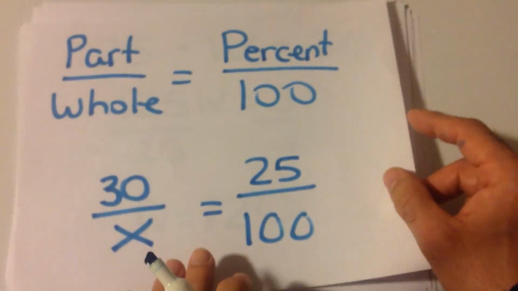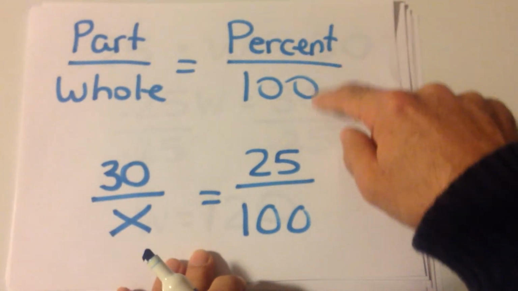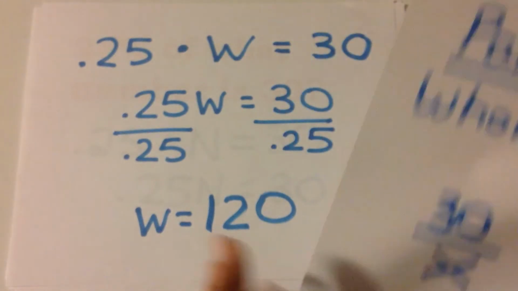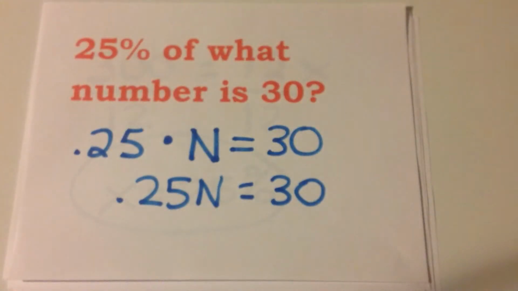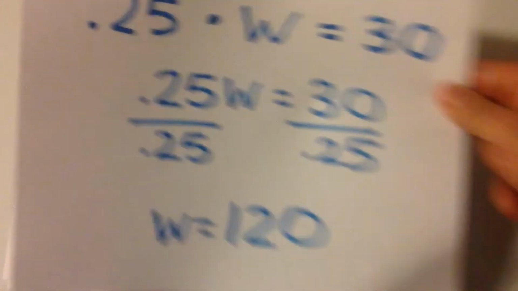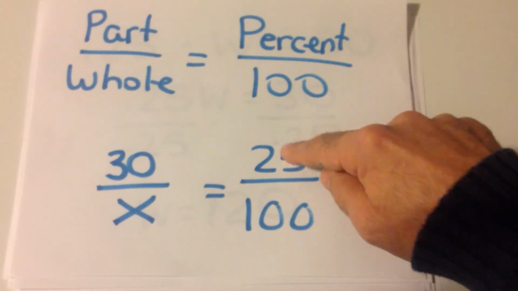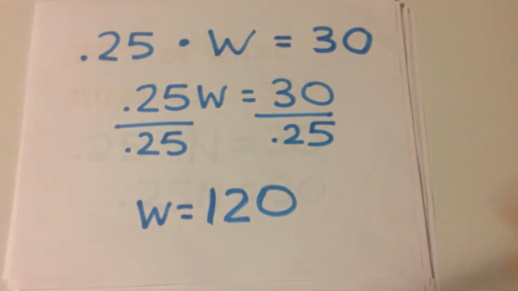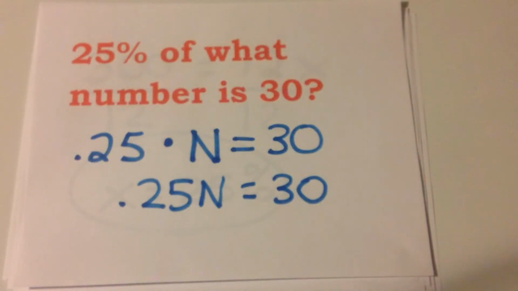Again, you can do it by part over whole and percent over 100. If we go back to the question, 25%. We have the percent sign, so the percent is 25. 25 over 100. Go back to the original question. 25% of what number? Of, that's the key.